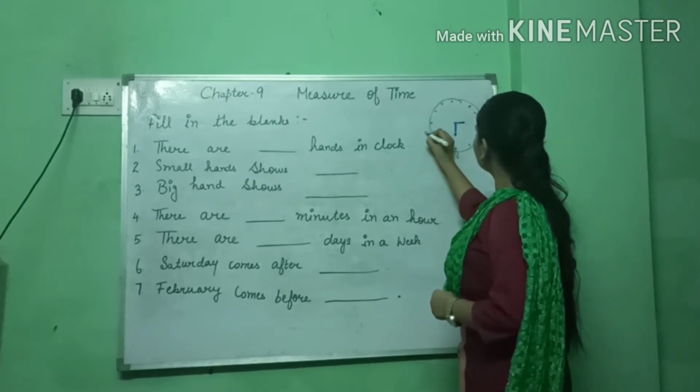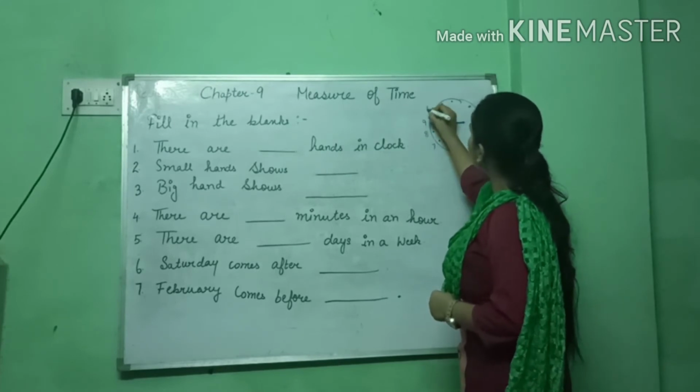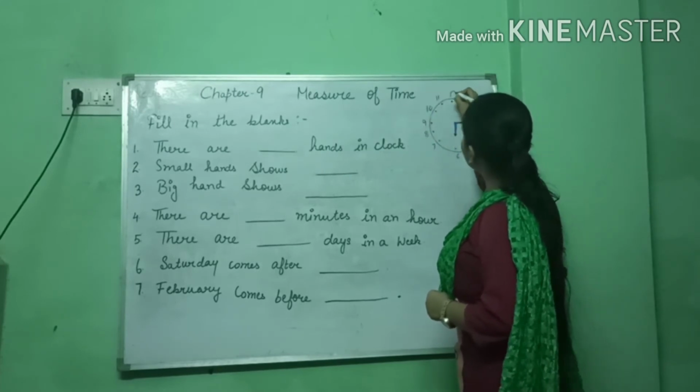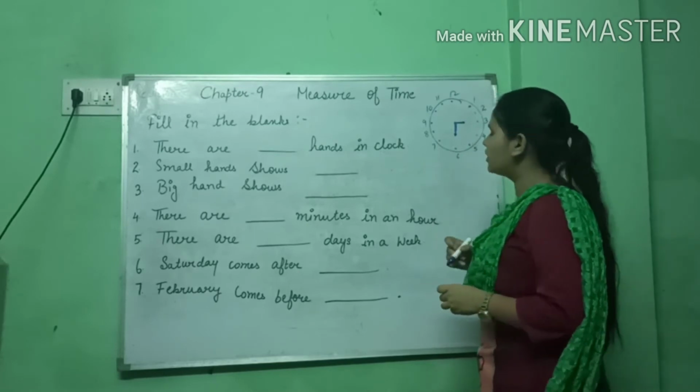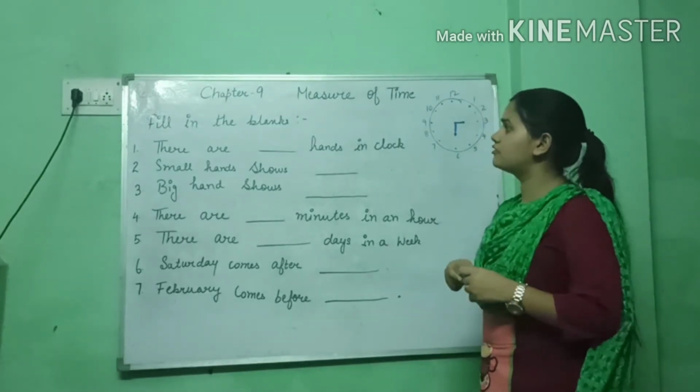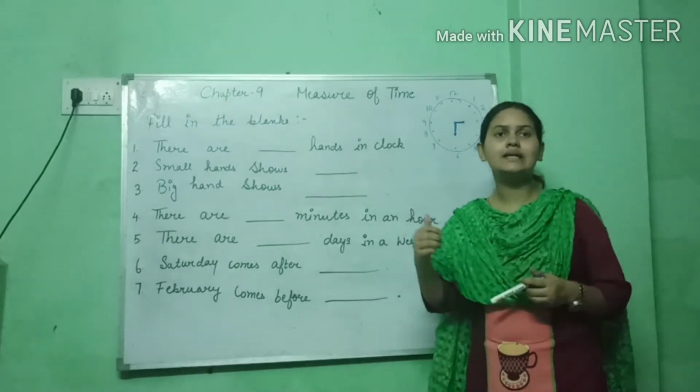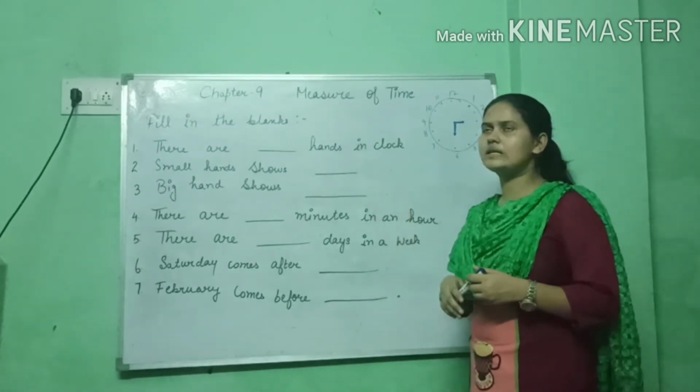You can see here what I am doing. I am making a clock for you, so it will be easy for you to see the things, right? So let's start with the first one. We have to fill up these sentences.